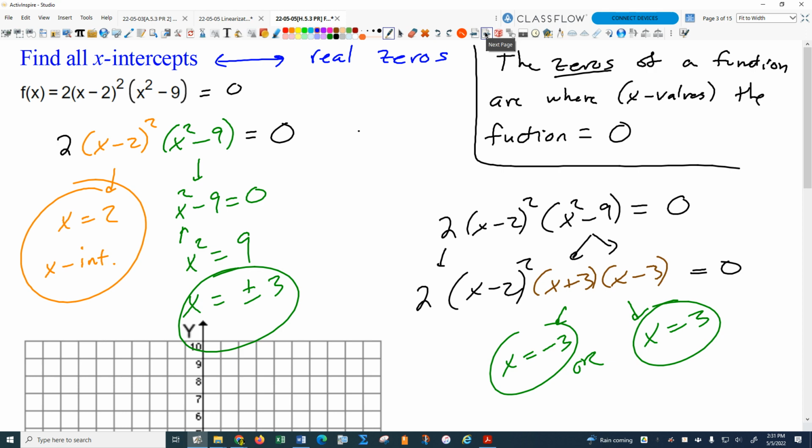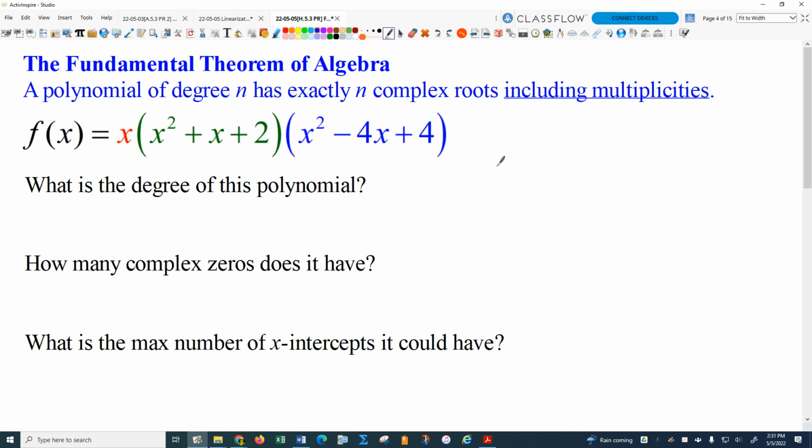Okay. I think we did that one. Right here. Fundamental theorem of algebra. Here's a really convenient way to state the fundamental theorem of algebra. This isn't actually how it's written, but it's a great way to think about it. And in an Algebra 2 class, this is how we want to know the fundamental theorem.